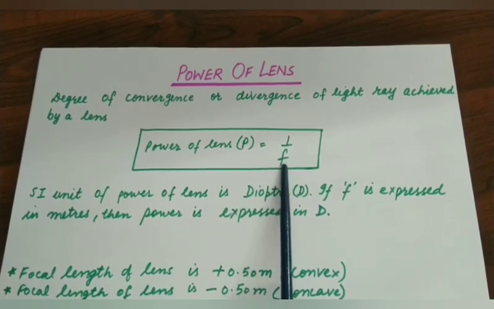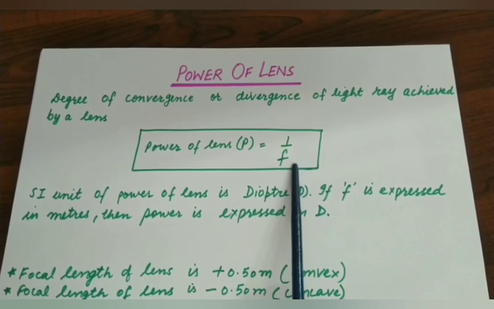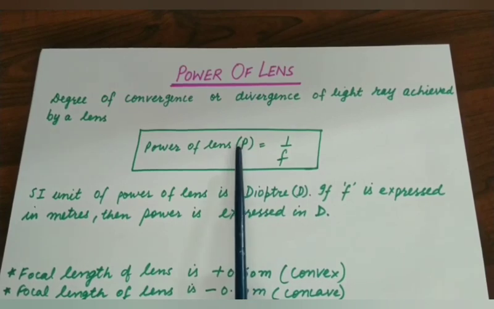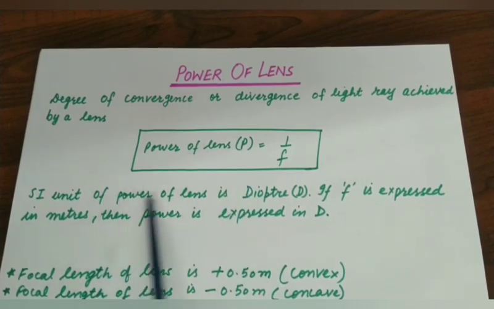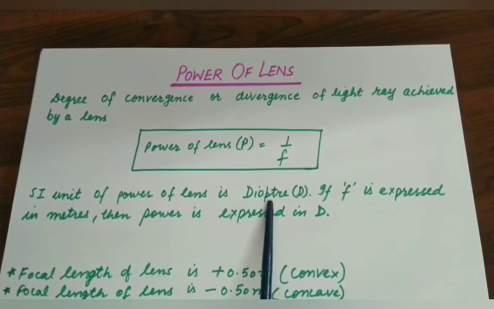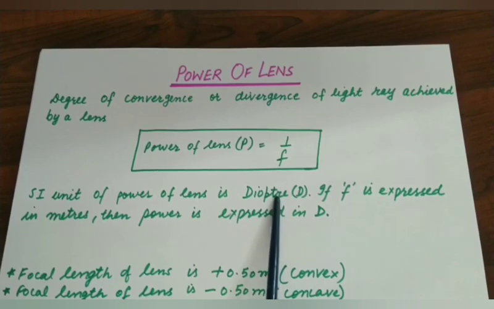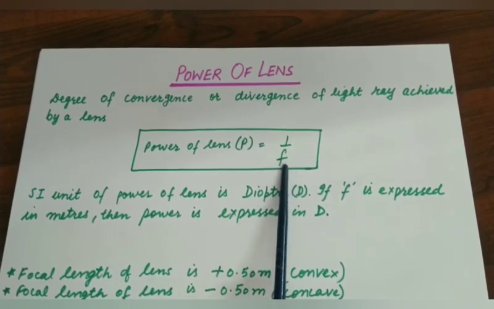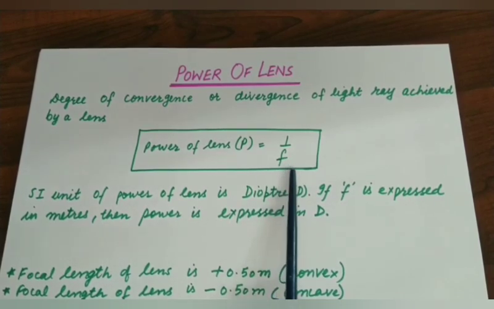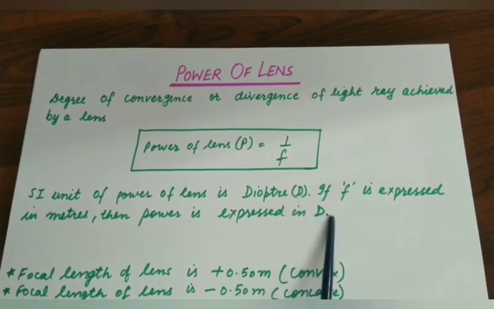If the lens is a concave lens, we know that the focal length of the concave lens is negative, so the power will also be expressed with the negative symbol. SI unit of the power of the lens is diopters. And if the focal length is expressed in meters, then the power is expressed in diopters only.